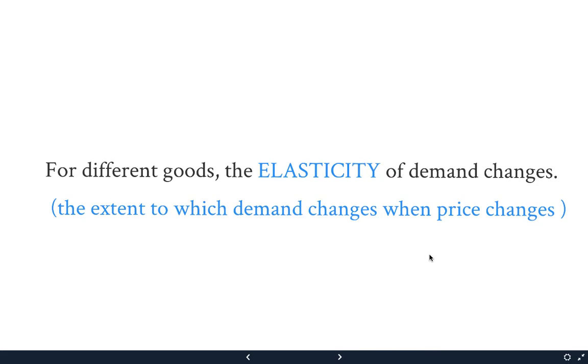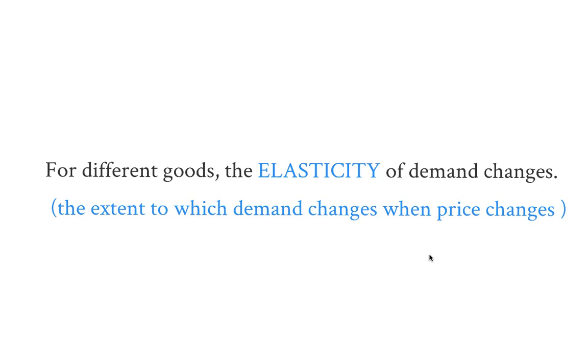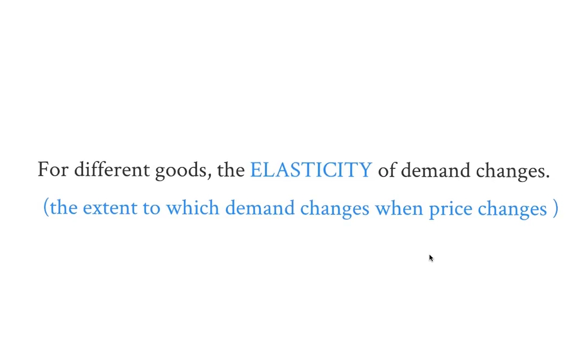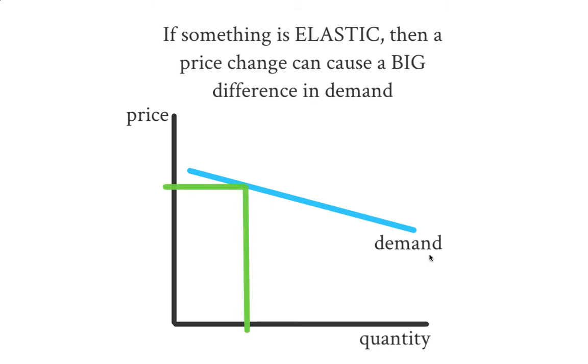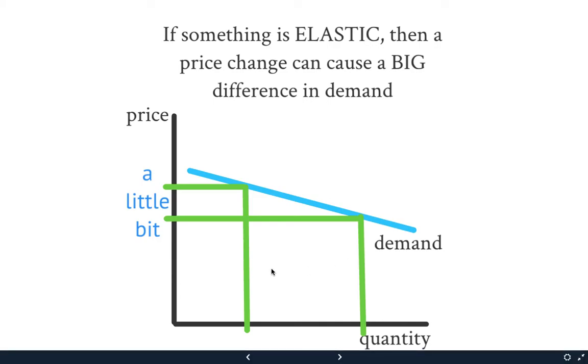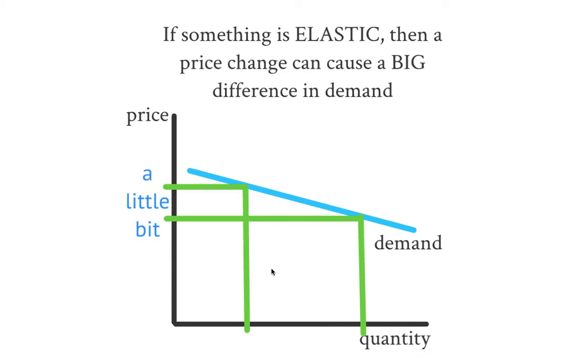All right. So the difference for different goods is that elasticity changes demand. And what I mean when I say elasticity changes demand is that a small change in price can change the difference in how much you buy. So for example, if I asked you if $5 was a lot of money, most people would tell me no, in the grand scheme of the earth, $5 is not very much money.